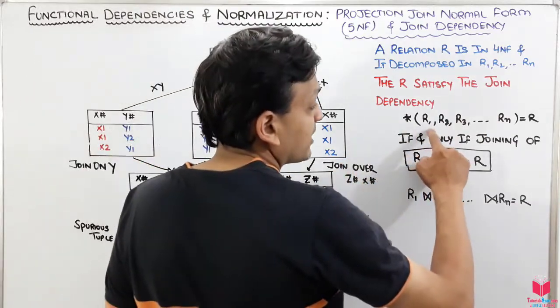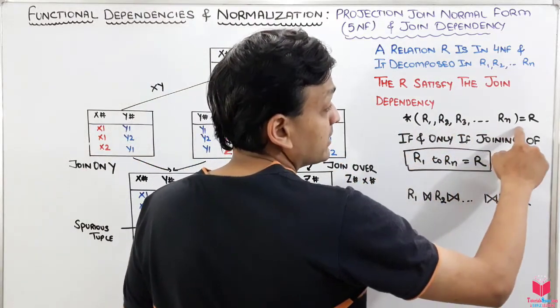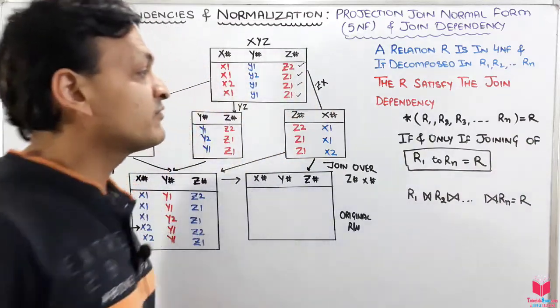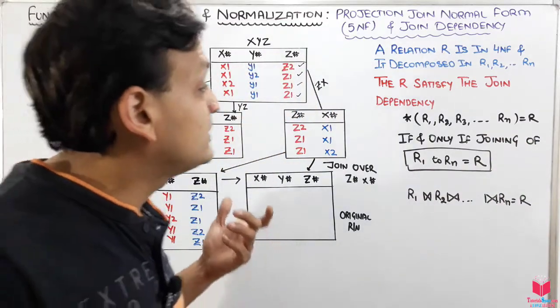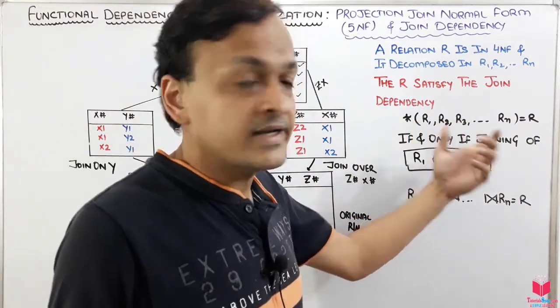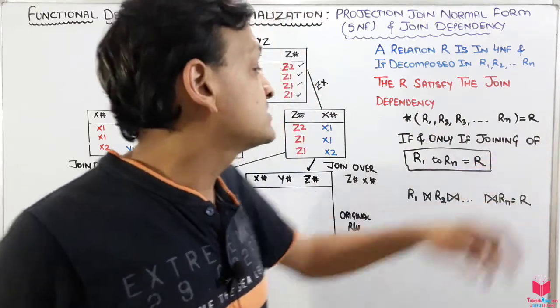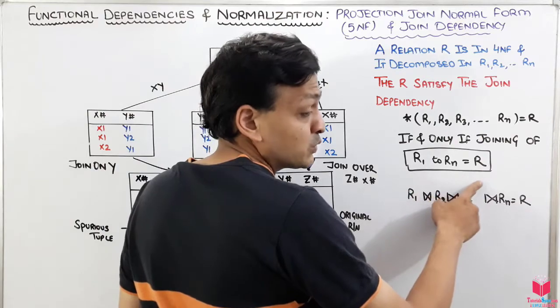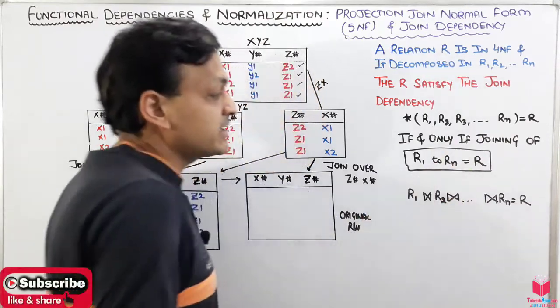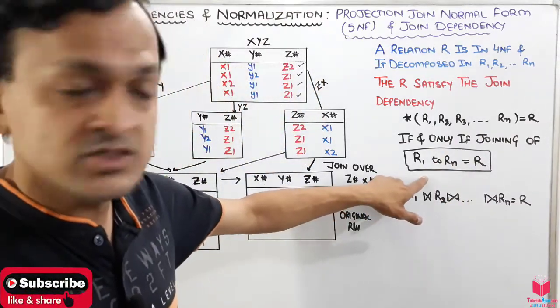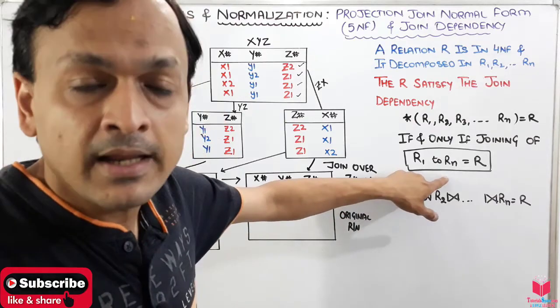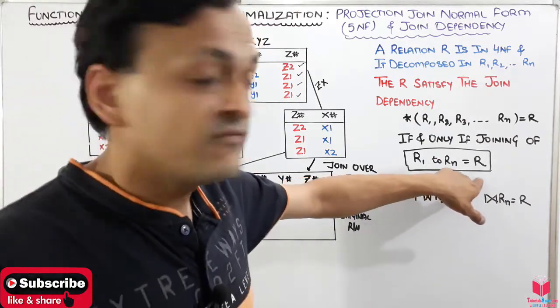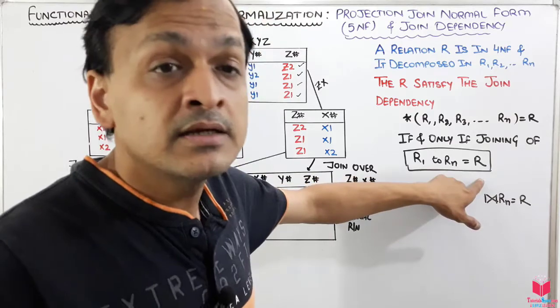Star of R1, R2, R3 up to Rn is equal to R. That means if we take the projection of all of these relations, it should give R. That means if and only if joining of R1, R2, Rn is equal to R. That means if we take the natural join of R1 to Rn, it should return the original relation.